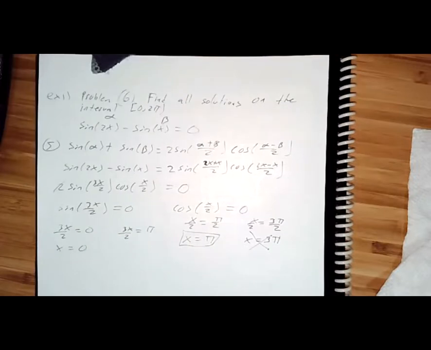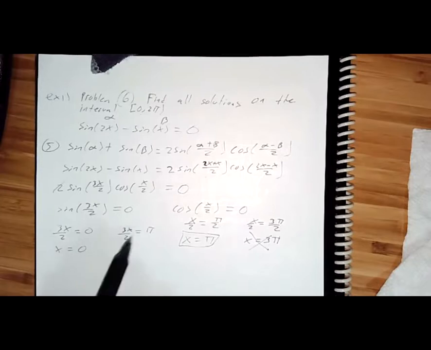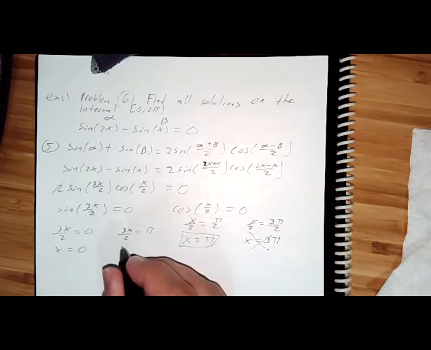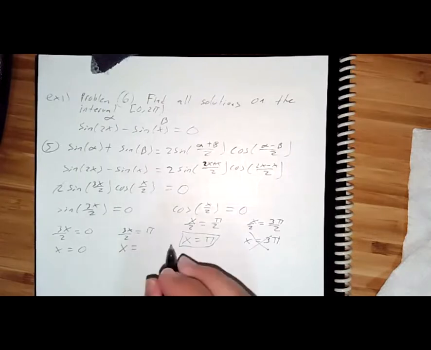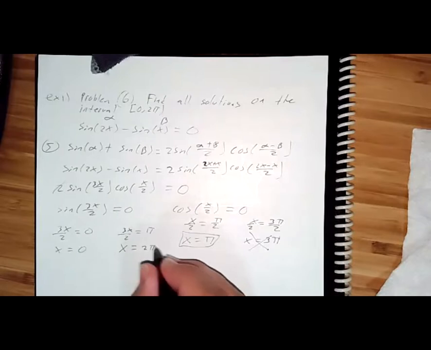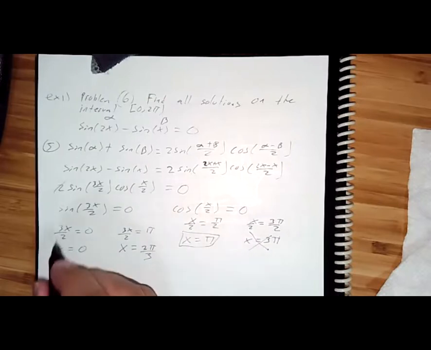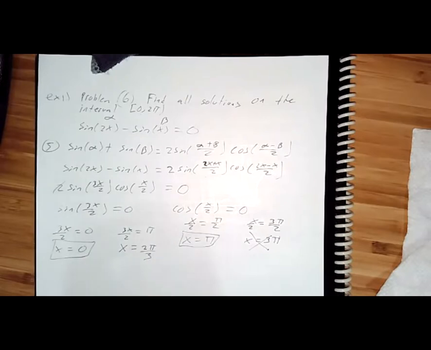There's nothing to do there. That's the only way this will become 0, is when x is 0. When is this equal to pi? Well, I'll have to multiply both sides by 2 and then divide by 3. Solve for x and you will get 2 pi thirds. So one solution, 2 pi thirds, another one.